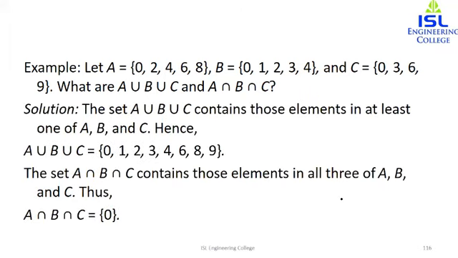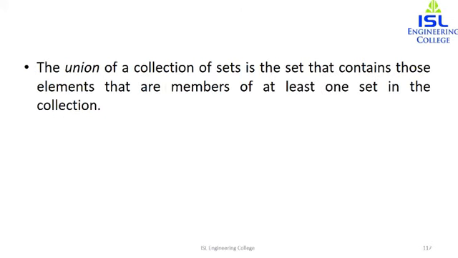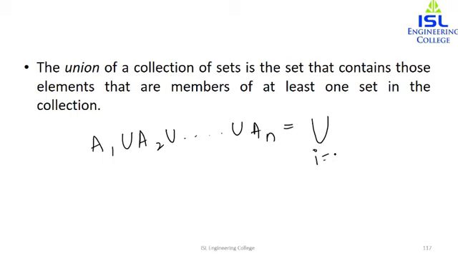Next, the union of a collection of sets is the set that contains those elements that are members of at least one set in the collection. So basically what we are saying is, if we want to take multiple sets such as A1 union A2 union and so on up to An, so there are n sets that we are taking, then the union will be the union of sets Ai from i = 1 to n.